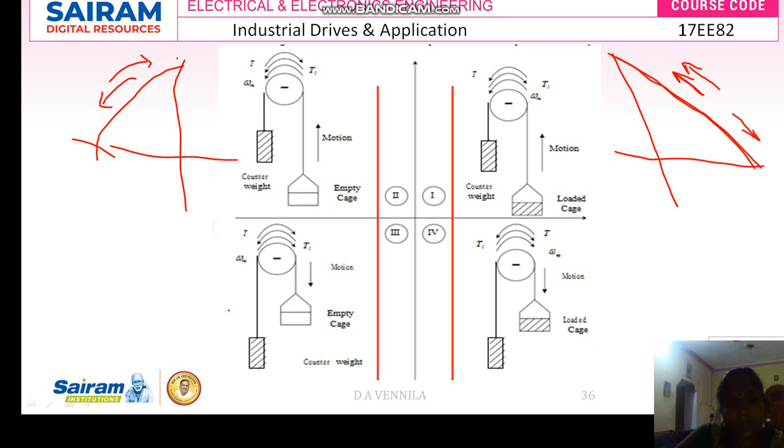And the next one, during this operation, this is nothing but from up to down only. So here the car is moving backward. So here the load torque will be in clockwise direction, and the motor torque will be in anti-clockwise direction.